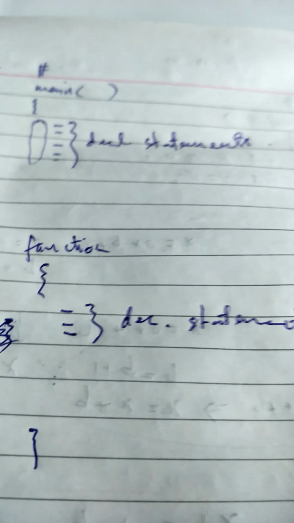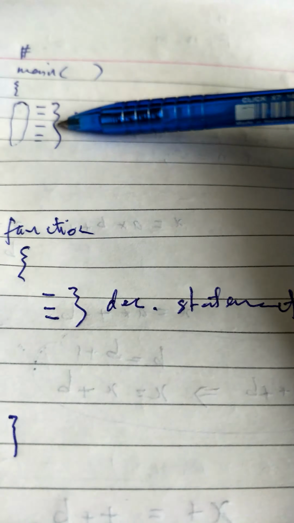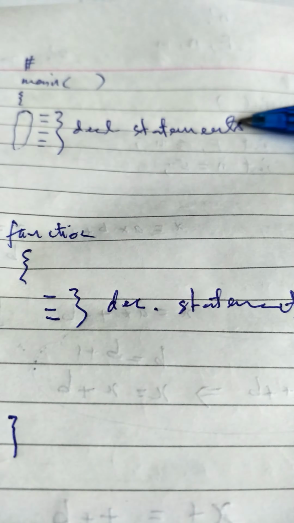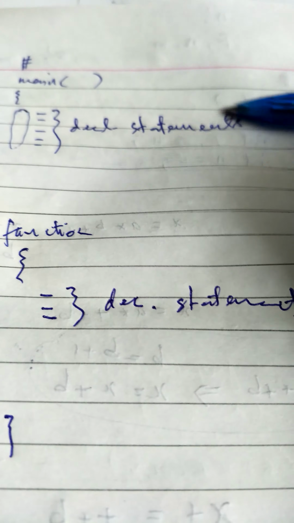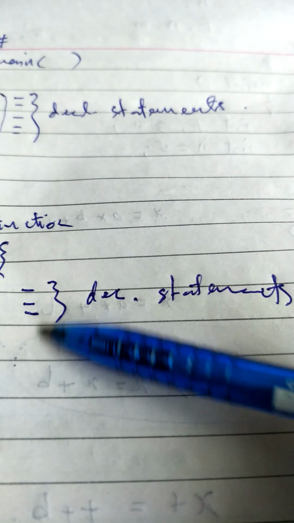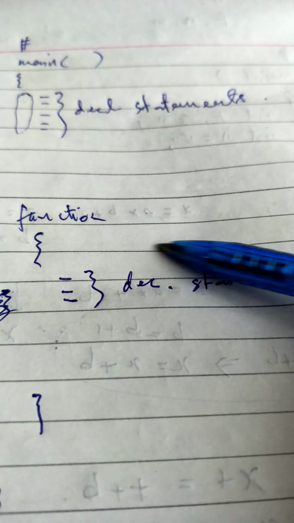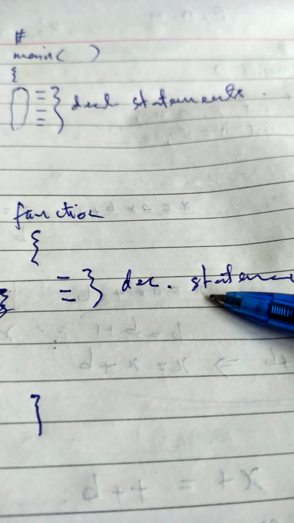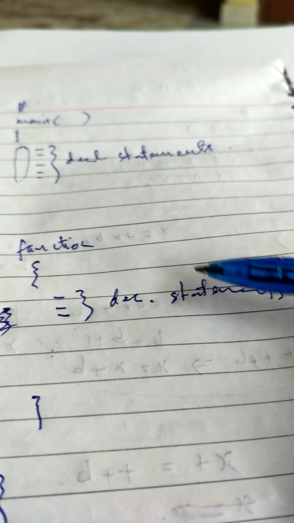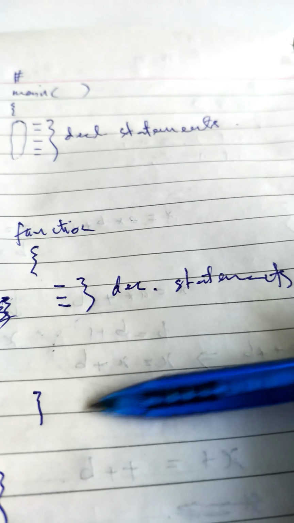Now the difference between this declaration statement, where we declare our variable, and these declaration statements: the variable that we declare here is only applicable to this function only.